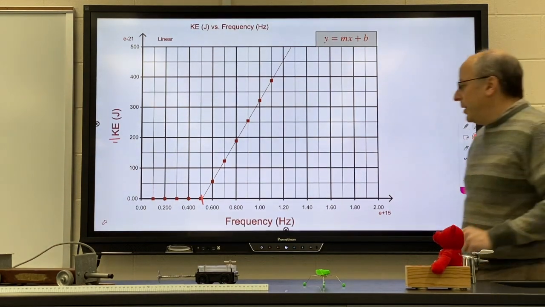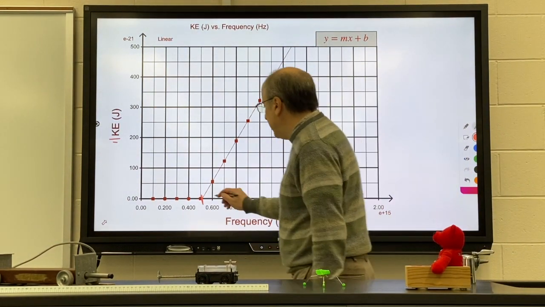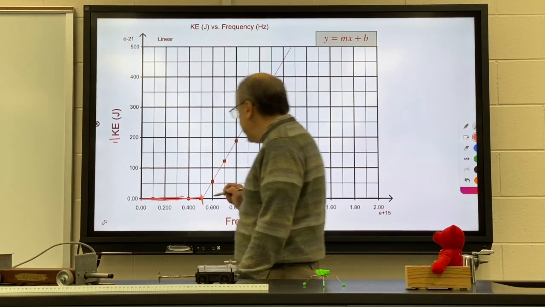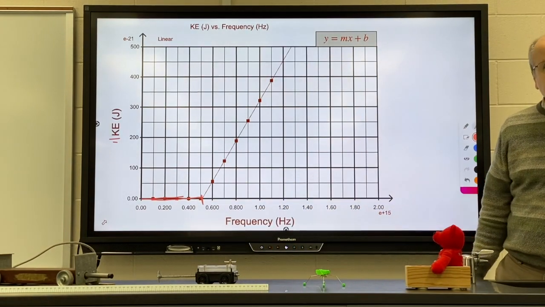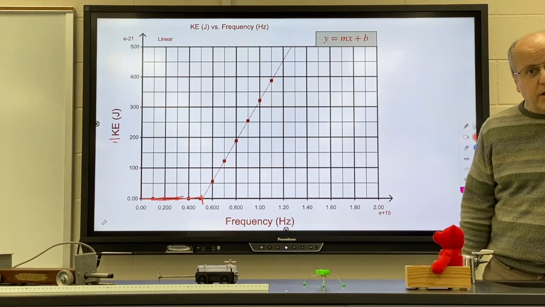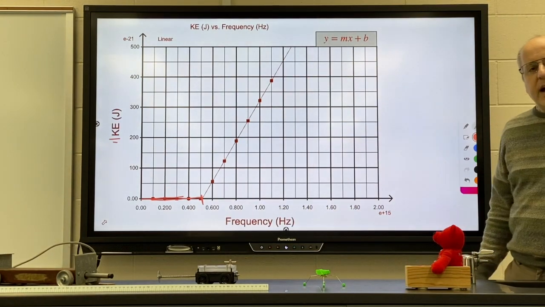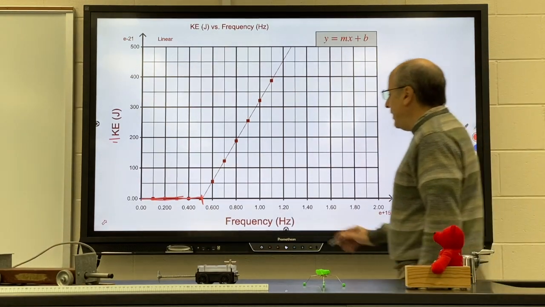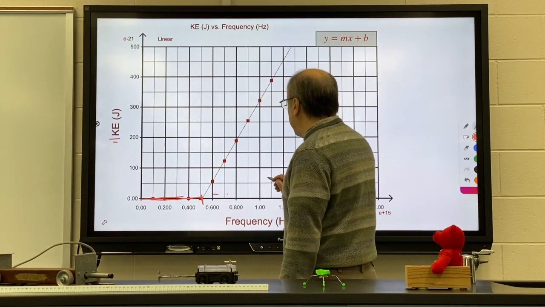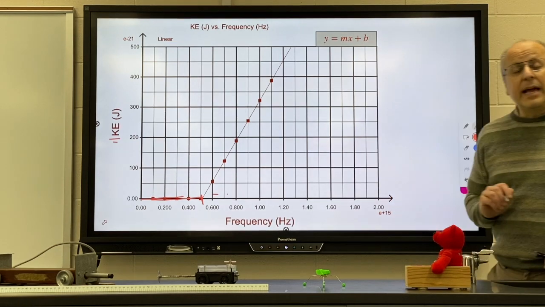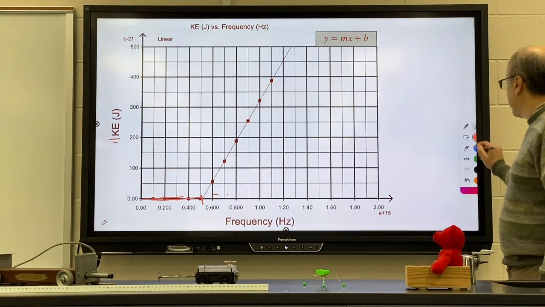That starting point is your threshold frequency. All of these frequencies, that is wavelengths or colors, cannot knock electrons off. All of these frequencies can knock the electrons off. And you can see that the higher the frequency, the more energy the electrons are going to get.